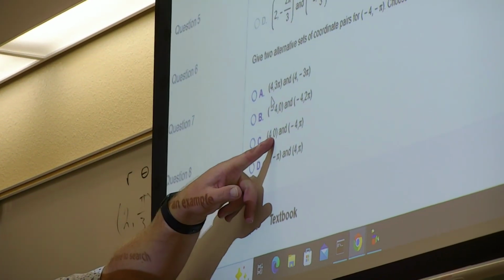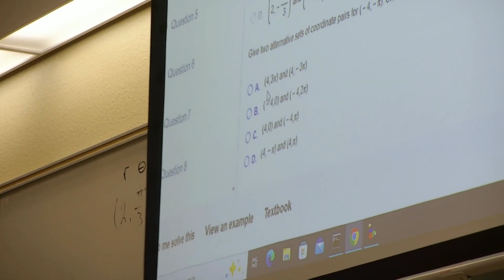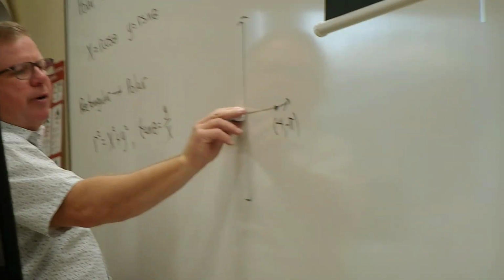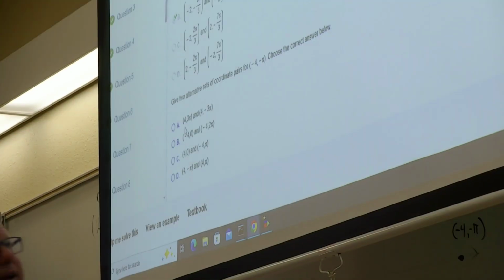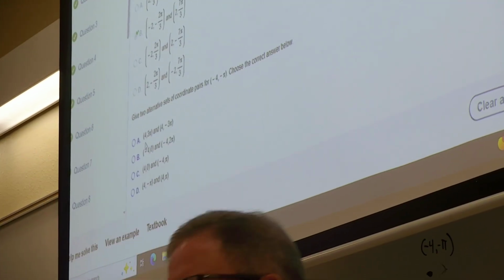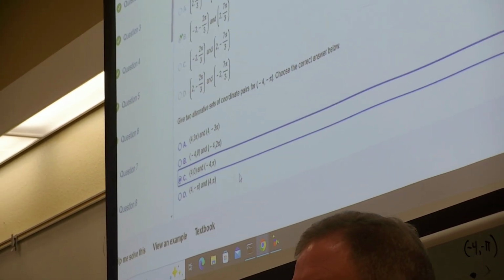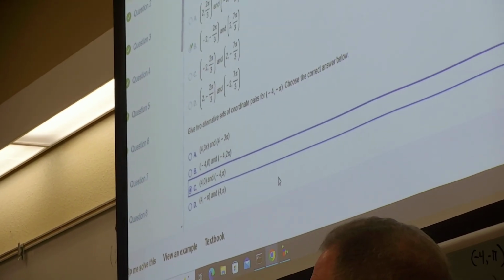That matches the first one. What about this? Well, pi puts us over here, -4 puts us back over there. That's good as well. C, they both match. It's going to be C.